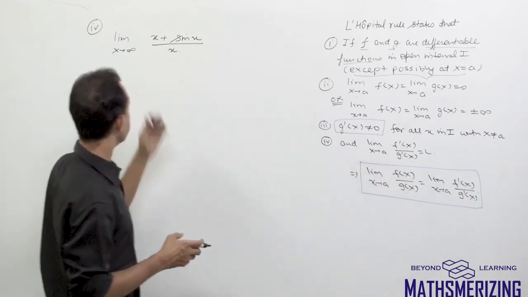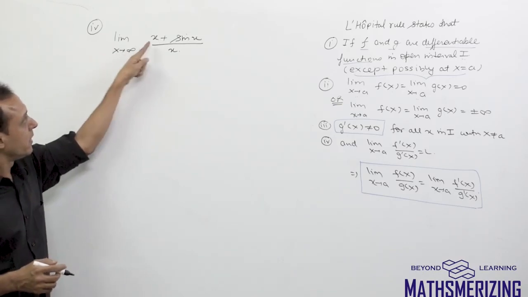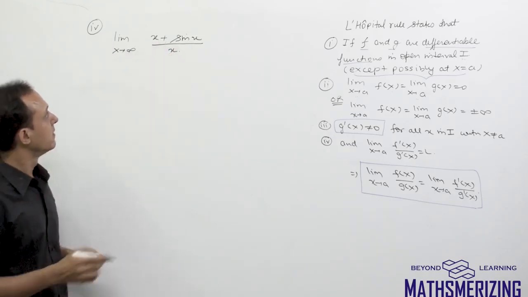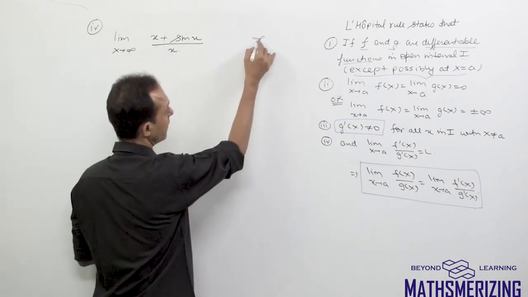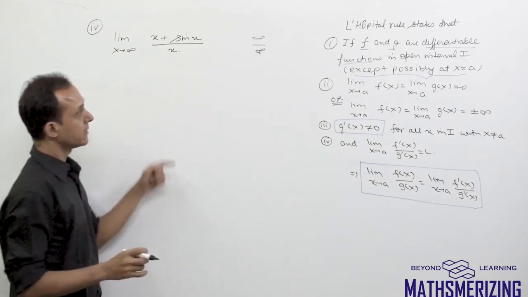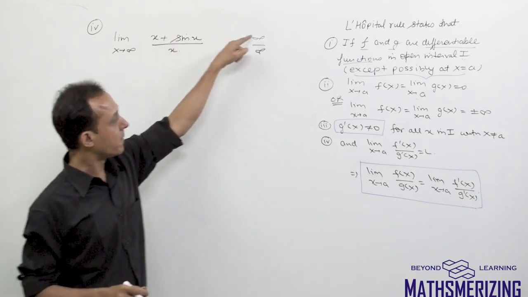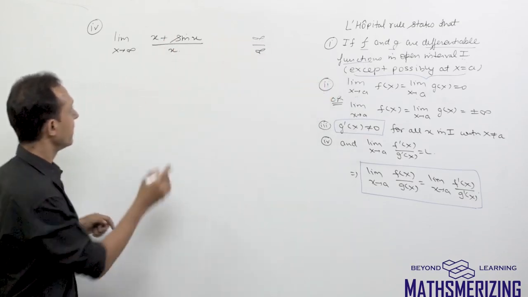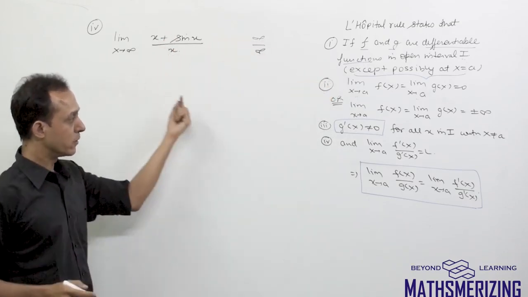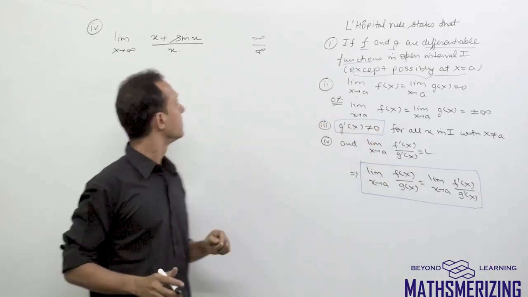So for this, we'll take up an example, which is limit x tends to infinity, x plus sin x upon x, which is infinity upon infinity form. In this case, these two functions are differentiable and continuous. They are of the form infinity upon infinity, and then this x is unequal to 0 in this interval.